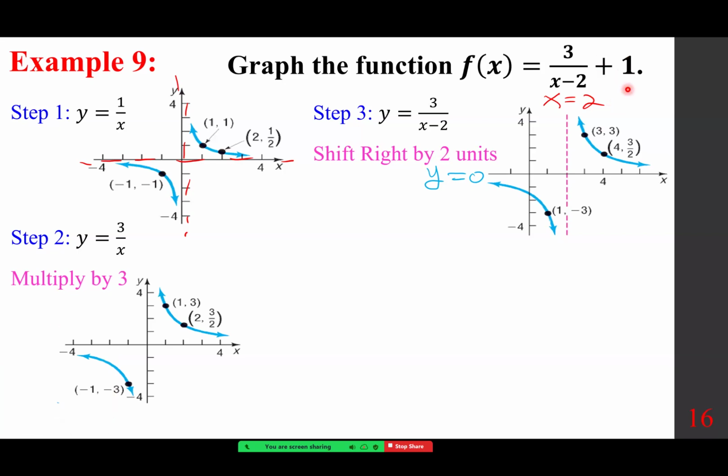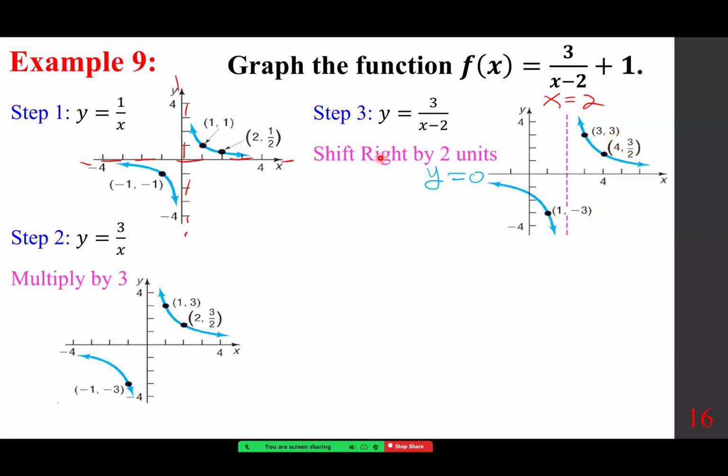Now you are going to move it up by 1. When you move this up by 1, for example, if you look at this one, 3 doesn't change, this one is 4. 4 doesn't change, this one is 3 halves plus 1, which is 5 halves. So 1 minus 3 becomes 1 minus 2.